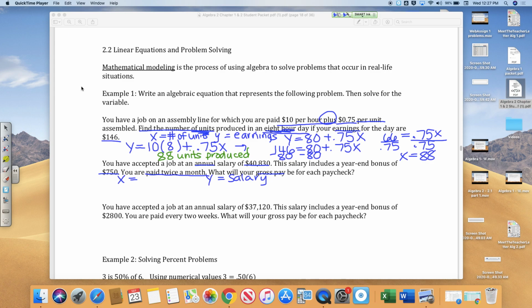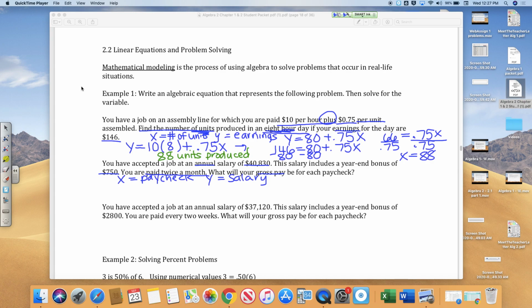That's the total amount of money you make in a year. And then x would be your paycheck money.